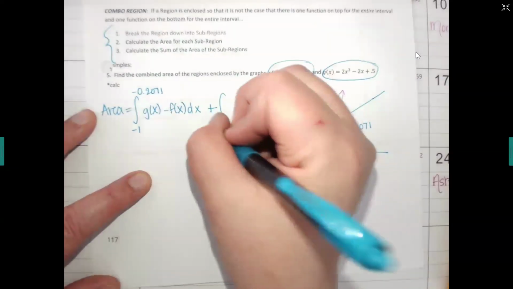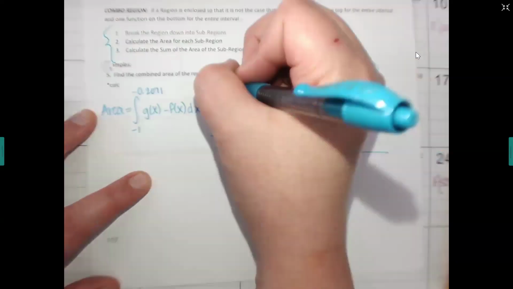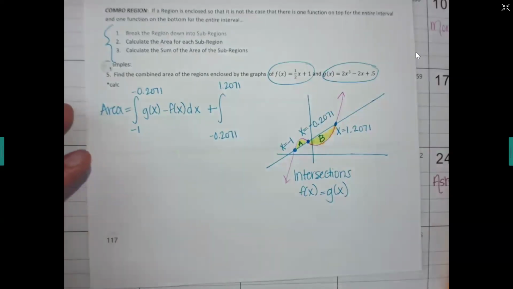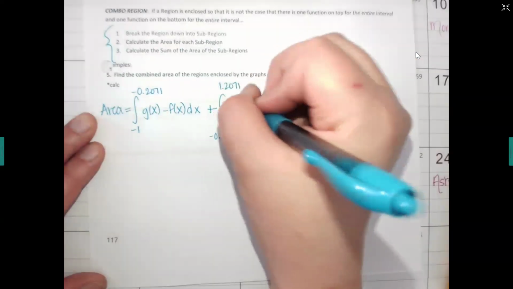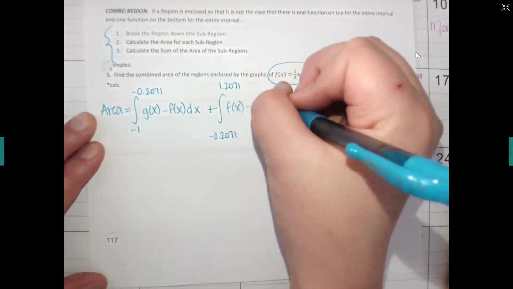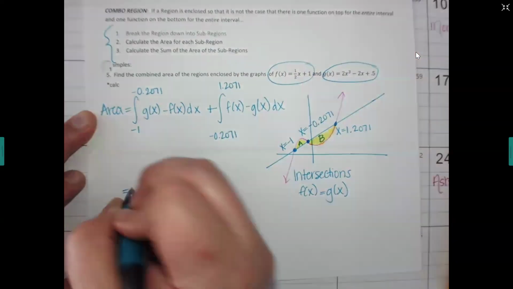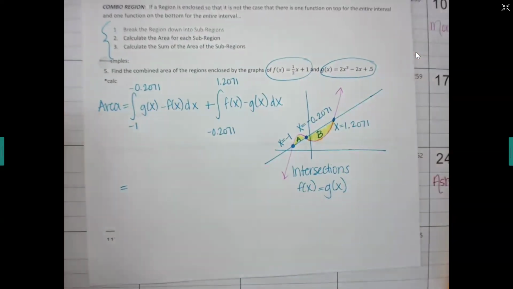From negative 0.2071 until 1.2071. And then when I subtract for pocket B, I need to make sure the line's on top. So it'd be F minus G. And then in your calculator, you'll just literally put that in. I wouldn't even do it in 2 steps. I'd just do the whole thing in 1 line.